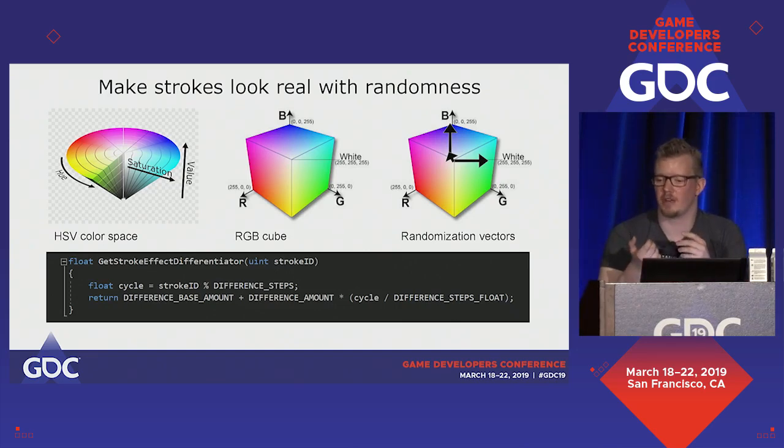If you take a vector that goes from pure black to pure white and use that to form an orthonormal set of basis vectors, you can use those to add color randomization. It's by no means perfect, but it's good enough for the small amount that we needed. And it turned out to be much more efficient because we didn't have to convert to HSV and back again.